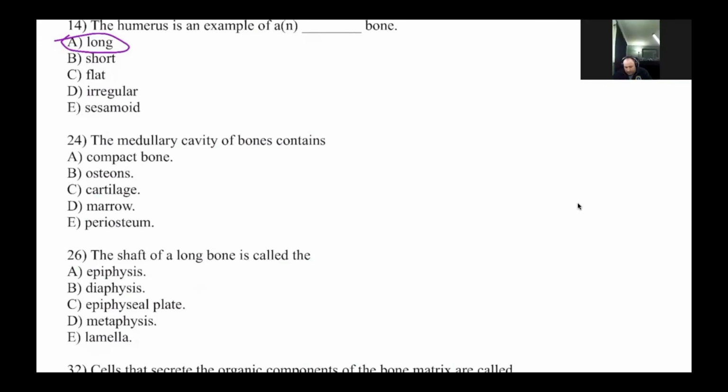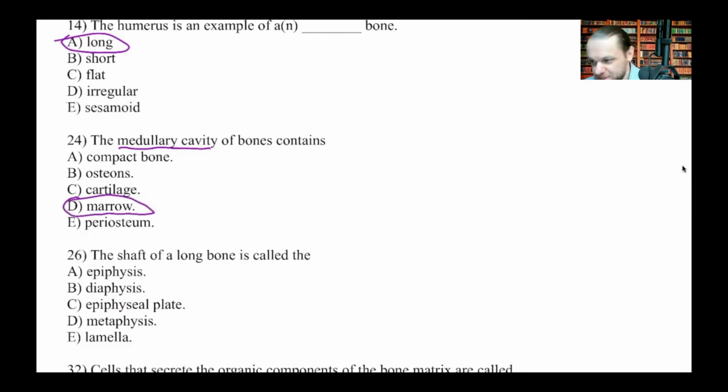Let's do Jessica, would you like to go? Sure. The medullary cavity of bones contains periosteum. So the medullary cavity, if you look at the diagrams, it actually contains the bone marrow, right?